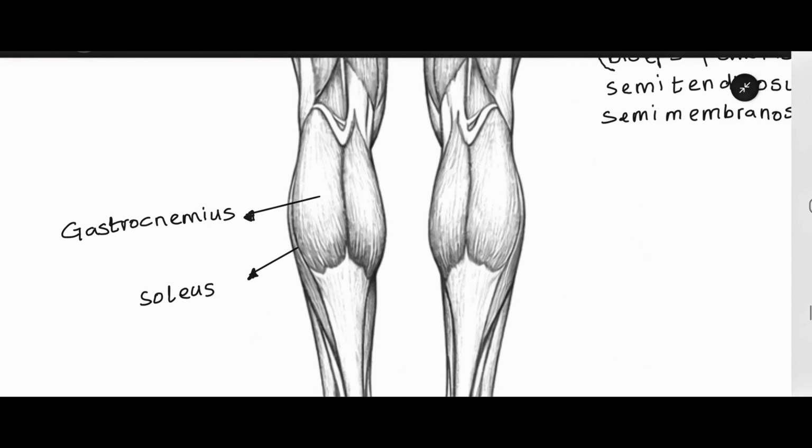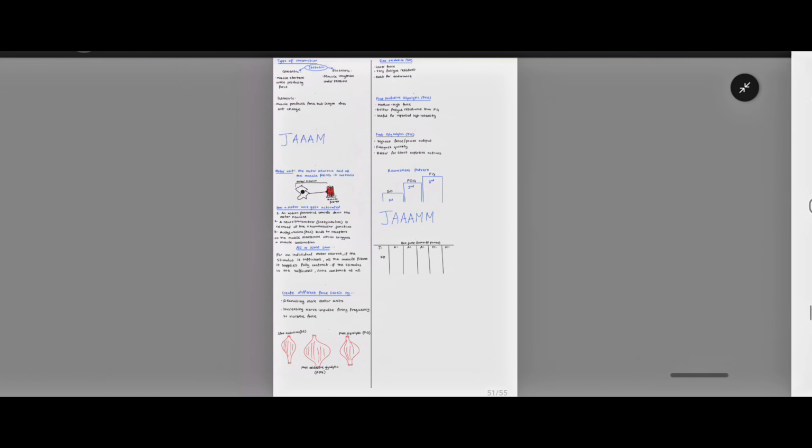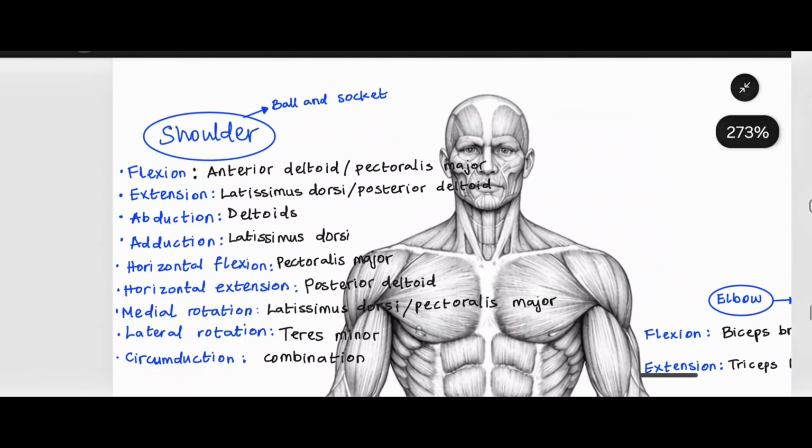So the gastrocnemius is at the front of your calf, and then the soleus is just underneath the gastrocnemius. So those are your calf muscles, and those are really the muscles you need to know when we analyze the joint actions.